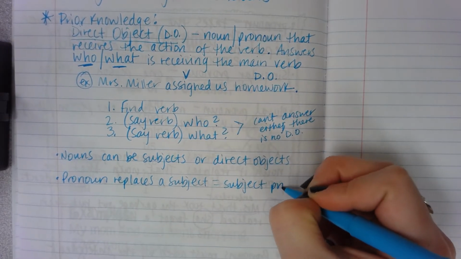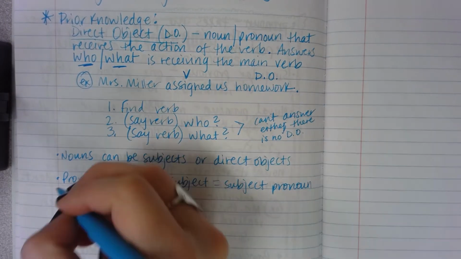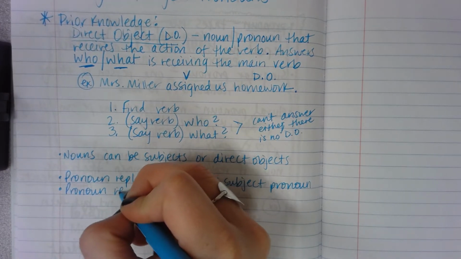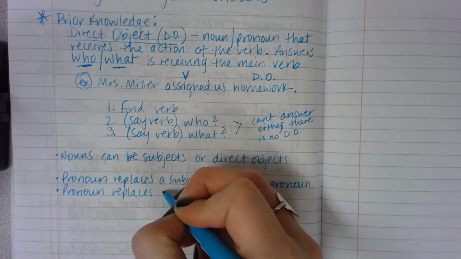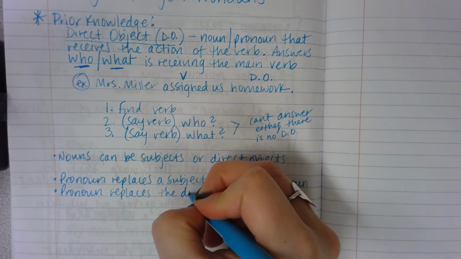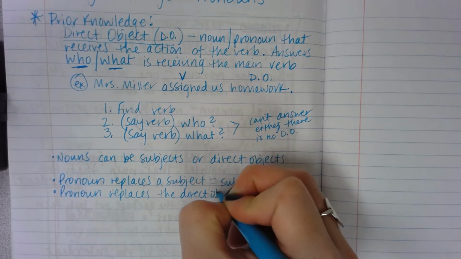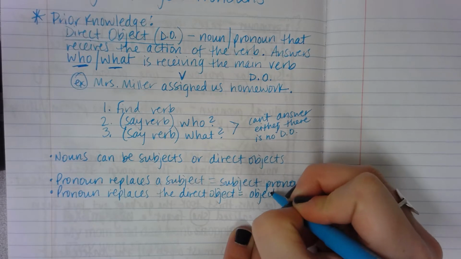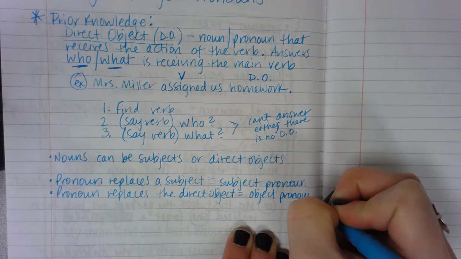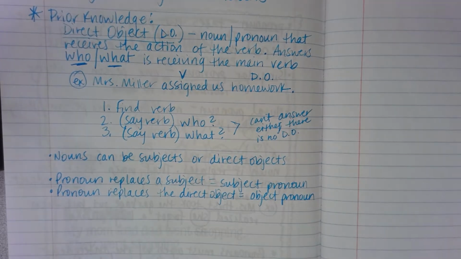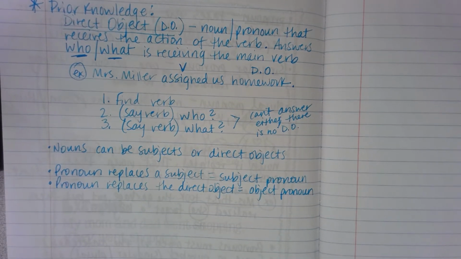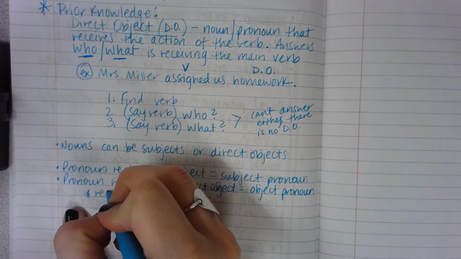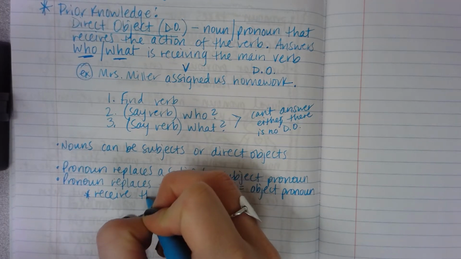And a pronoun that replaces the direct object is an object pronoun. Okay, pretty self-explanatory in that case. But let's look at what this entails here. So again, the object pronoun has to receive the action of the verb.